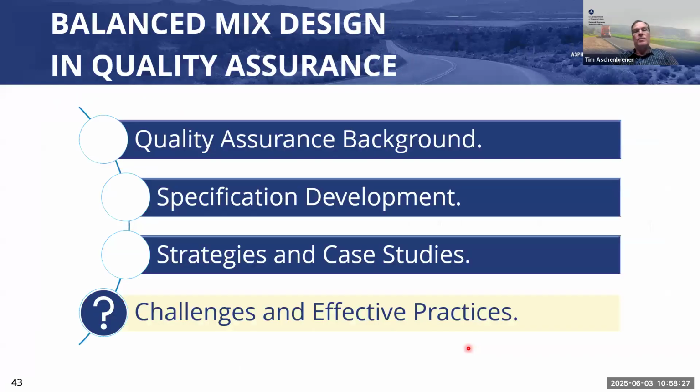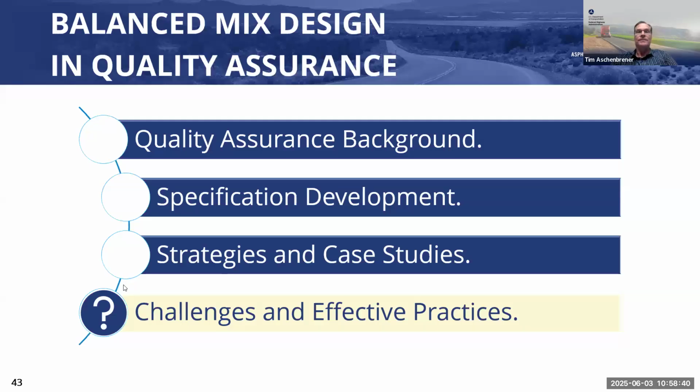So that's an example of some strategies and case studies that we're seeing as states start to venture into the acceptance realm. And I'm going to turn it back to Derek at this point for the 4th chapter.